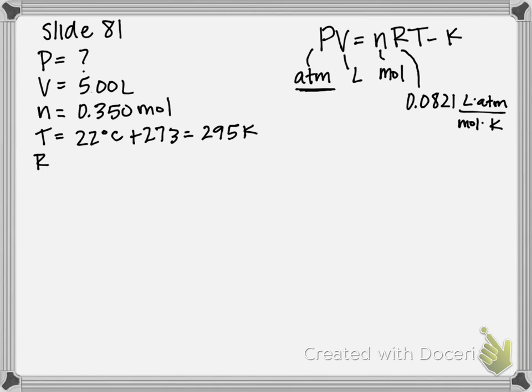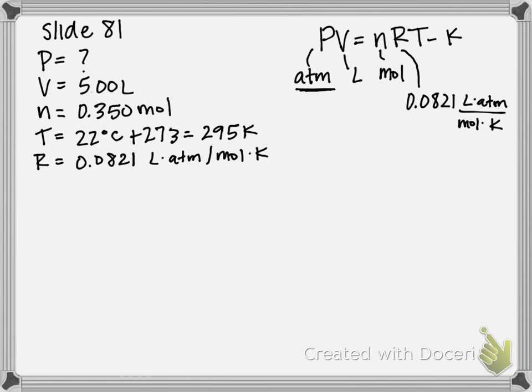And then we always know our ideal gas constant, which is 0.0821, and that is in units of liters times atmospheres over moles times Kelvin. Quite a lot of units, but we'll see that all of the units should cancel out except for our units of pressure, which we're going to be solving for in atmospheres.